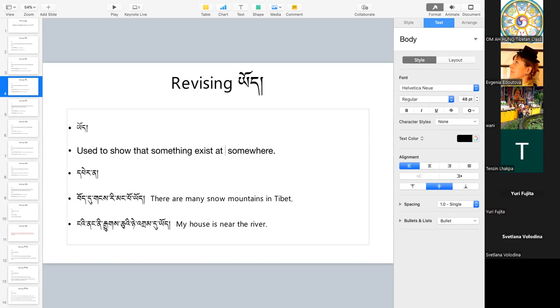So these are all usage of the particle yö. There are many snow mountains in Tibet. In this case, it's a confirmation. It's a confirmation that there are many mountains in Tibet.